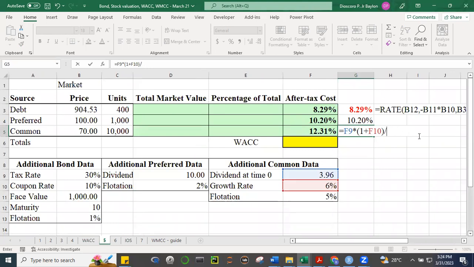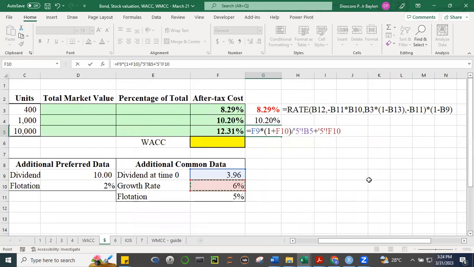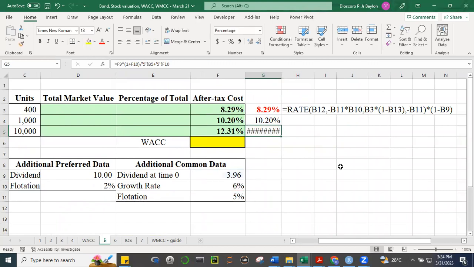So dividend divided by the price at time 0. What's the price at time 0? The price at time 0 is 70. So this is D1 divided by P sub 0. And then you add the growth rate plus g. Okay, control enter.